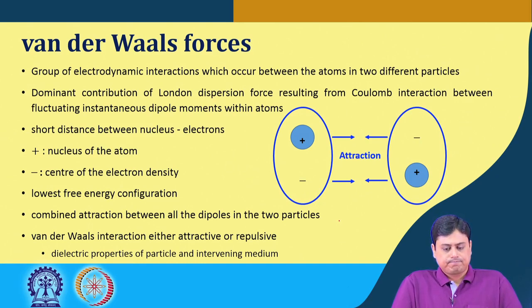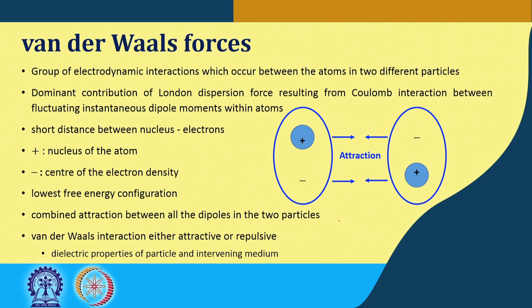Now, how does this Coulomb interaction between fluctuating instantaneous dipole moments within the atoms happen? Let us consider a scenario where we have a molecule. There is a very short distance between the nucleus and the electrons of any atom.